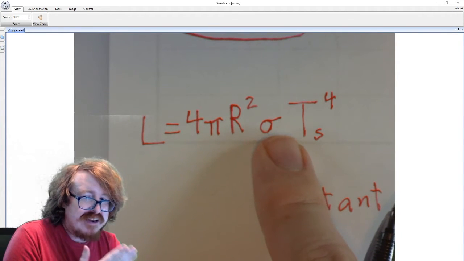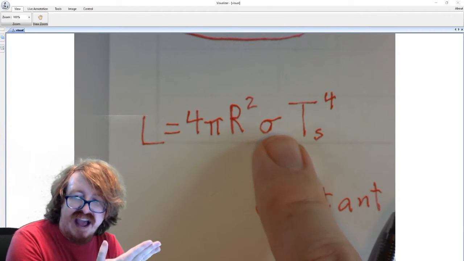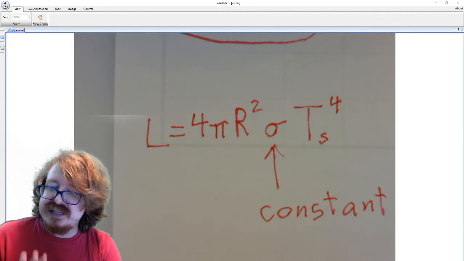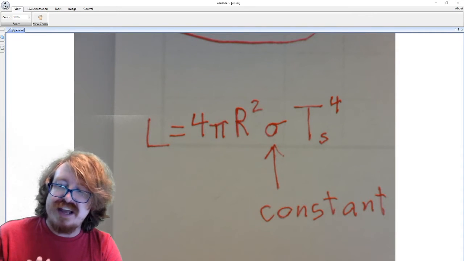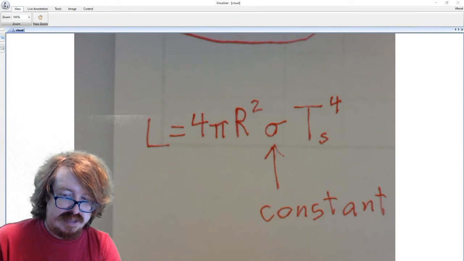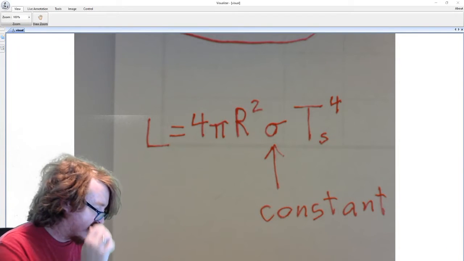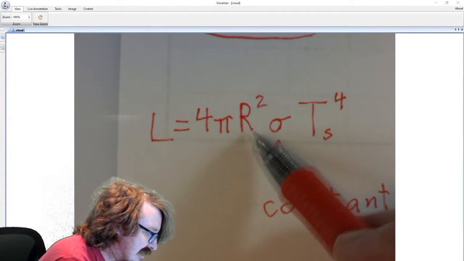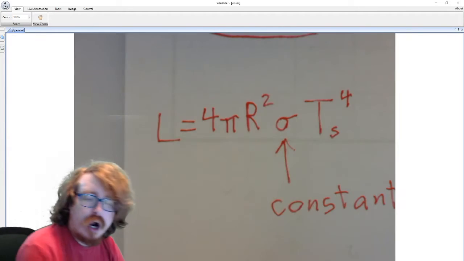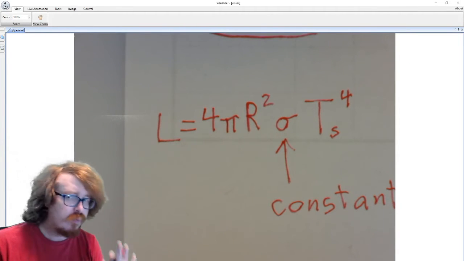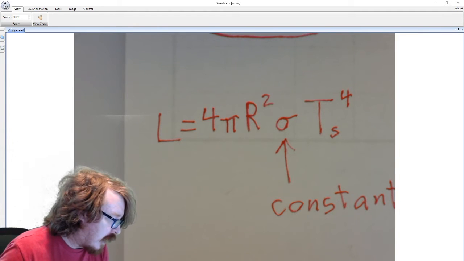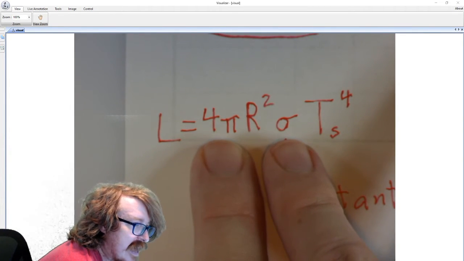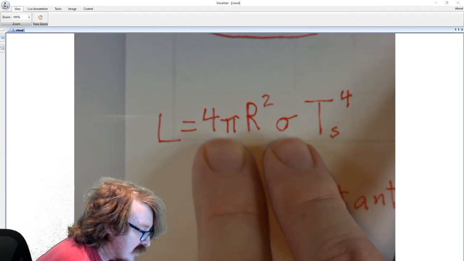If we needed to plug numbers into this, we would need to know the value of that constant, but we don't need to know it. So what does this particular equation tell us? It says that the luminosity, radius, and surface temperature are all related to each other, which is not surprising. But we can ignore these constants, the 4 pi and the sigma, because they do not change.